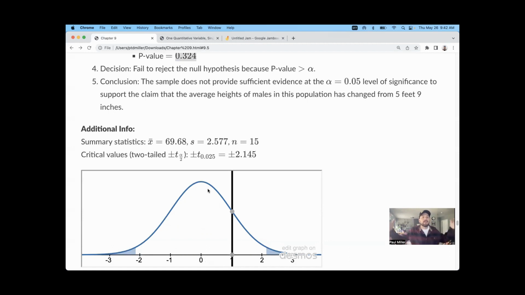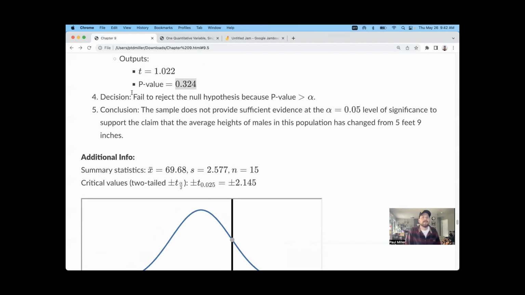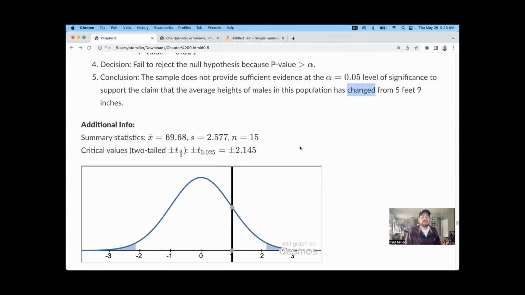That way we can see we're shading a lot more than we would be if we were in the rejection region. So we fail to reject, and this conclusion is very similar. We just say we don't have enough evidence. We either do have enough evidence to say we're to the right or to the left, different from, changed from, or we don't have enough evidence. If we're not in the rejection region, it's not enough evidence.